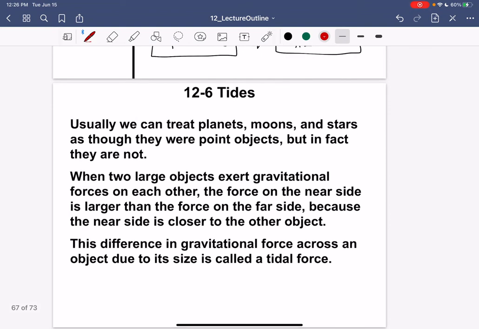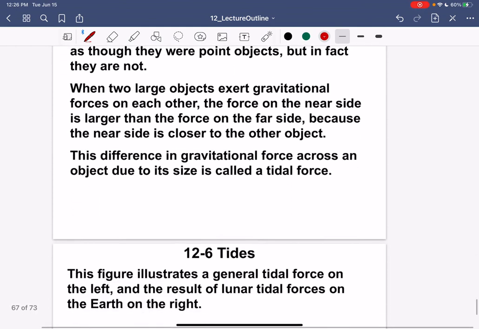Tides: usually we can treat planets, moons, and stars as though they were point objects, but in fact they are not. When we have two objects that have, let's say, huge masses, they exert gravitational force on each other. The force on the near side is larger than the force on the far side, because of the difference in distance.